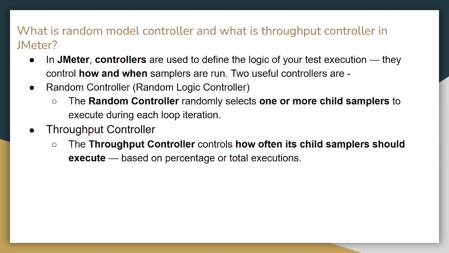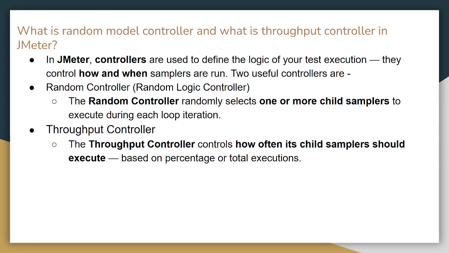The random controller randomly selects one or more child samplers to execute during each loop iteration. If we have multiple requests and want to simulate random user behavior, then we should use random controllers. In each iteration, only one random child is executed, while the throughput controller controls how often its child samplers should execute based on percentage or total executions.